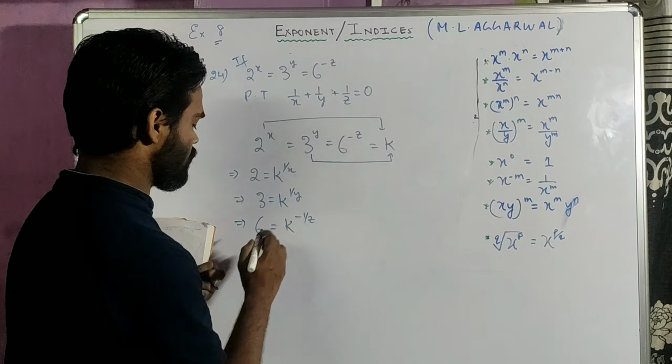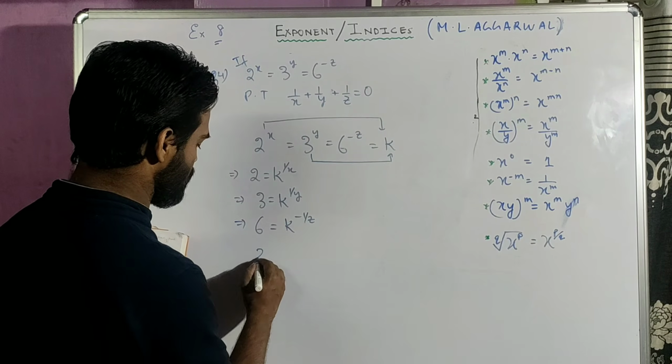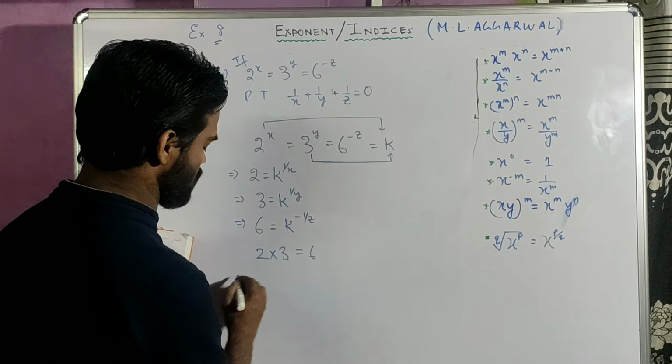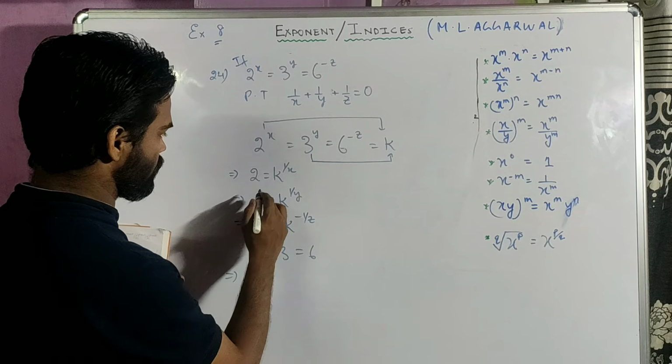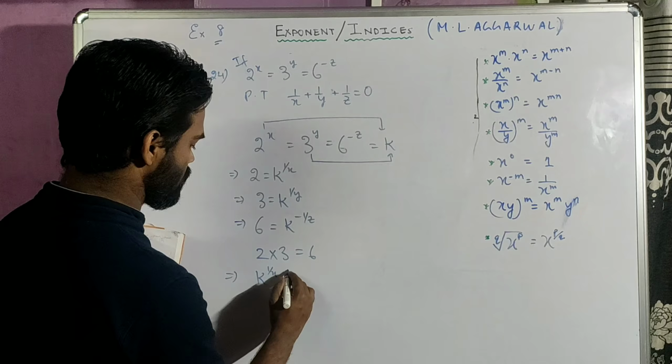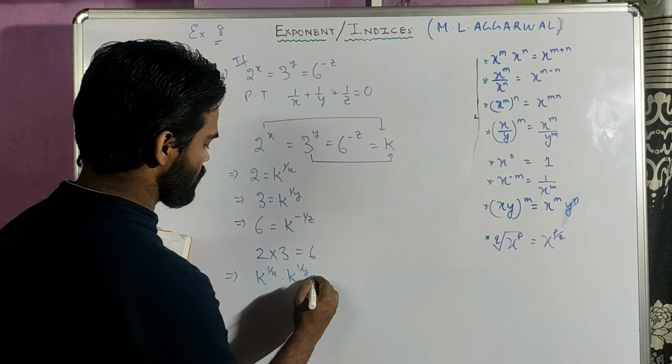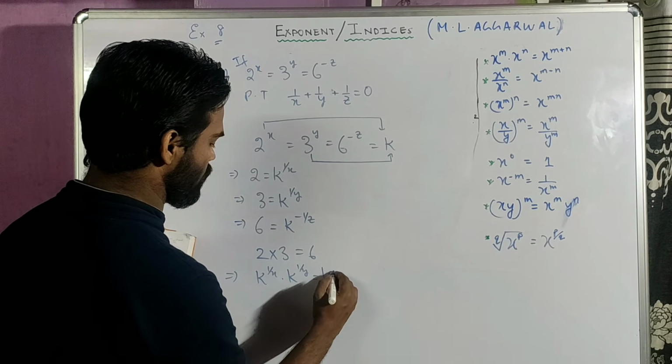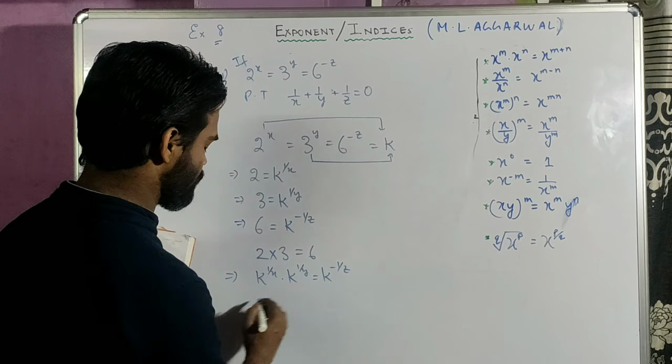Am I clear? Now look carefully. We can write 2 multiplied by 3 equals 6. In case of 2, we can write k to the power 1 by x, k to the power 1 by y equals k to the power minus 1 by z.